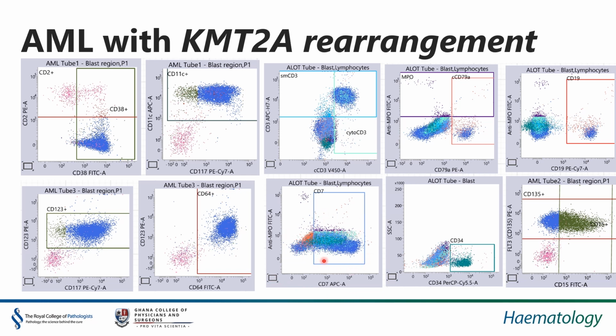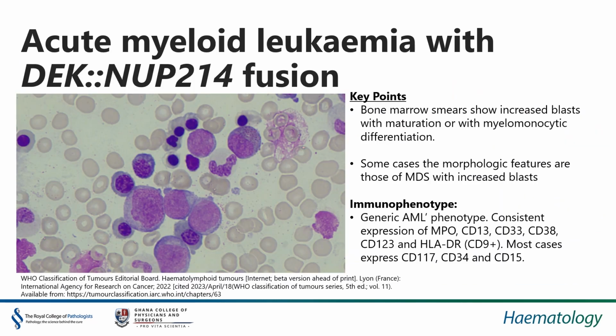Now this is a bone marrow smear from an AML with the NUP214 fusion, showing dysplasia of erythropoiesis, and also we've got dysgranulopoiesis as well, again stained with a May-Grünwald-Giemsa stain. Now morphologically, if we look at the bone marrow, it's usually quite hypercellular. The bone marrow smears may show increased blasts with maturation or some myelomonocytic differentiation.